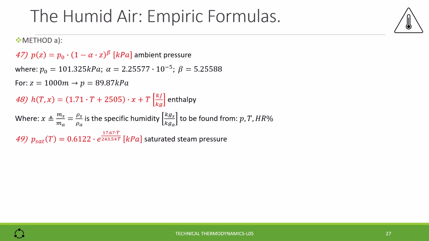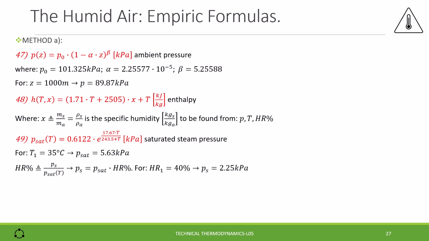The formula 49 gives the saturation pressure of the steam as a function of the temperature. For 35 degrees, the saturation pressure is 5.63 kilopascal. The relative humidity is, by definition, the ratio between the pressure of the steam and its saturated pressure at the given temperature.